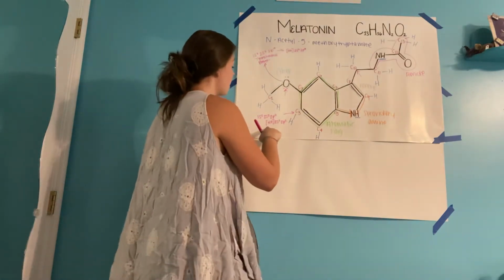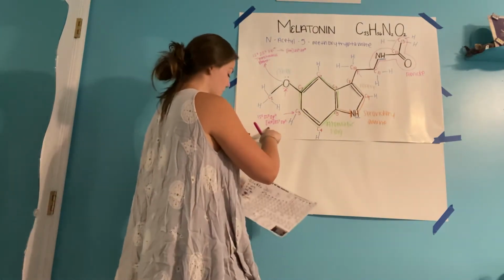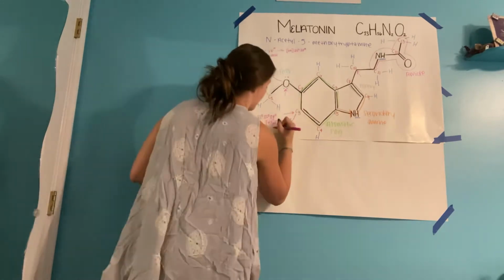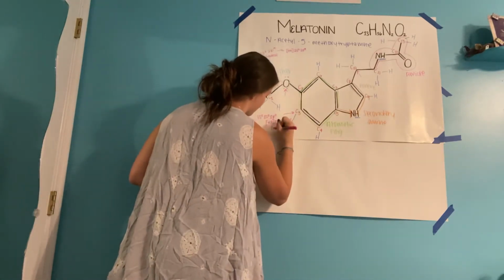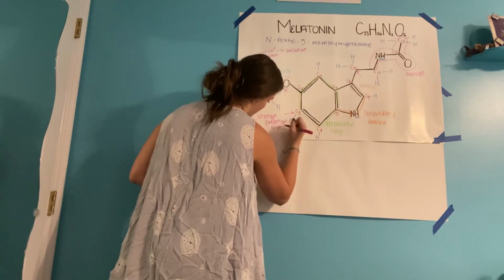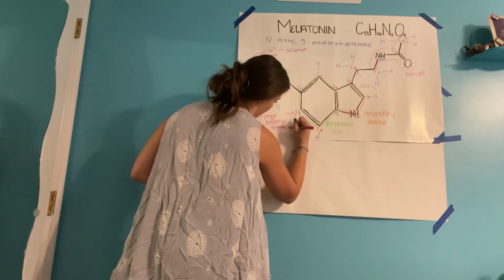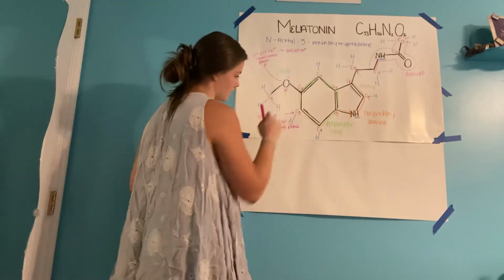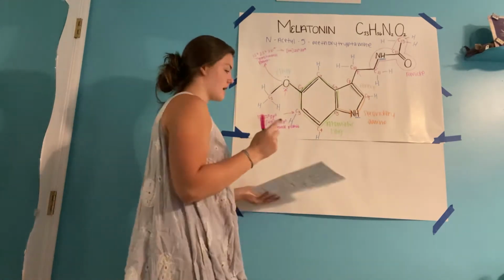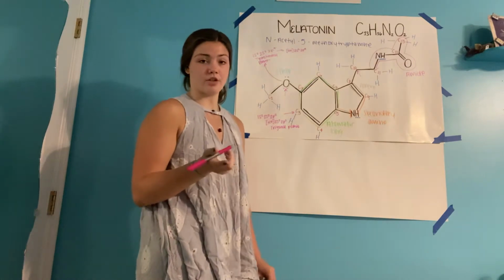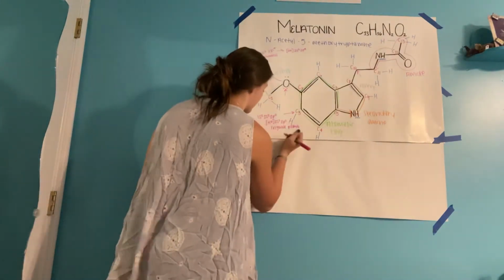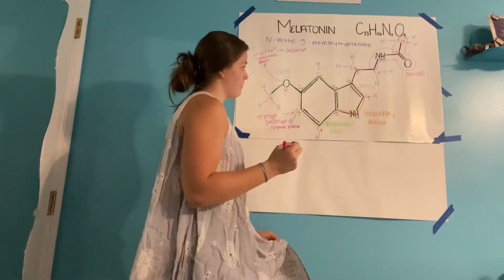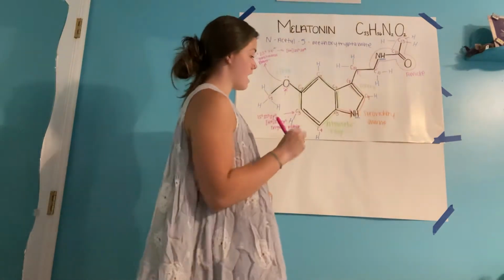So the electron geometry, which I like to say, would be trigonal planar, because there are only 3 bonds to it. And that would be the same as the molecular geometry too, since there are no lone pairs. So trigonal planar again.